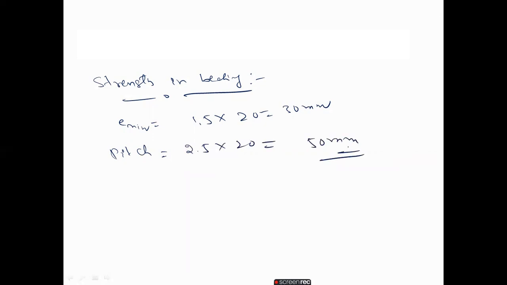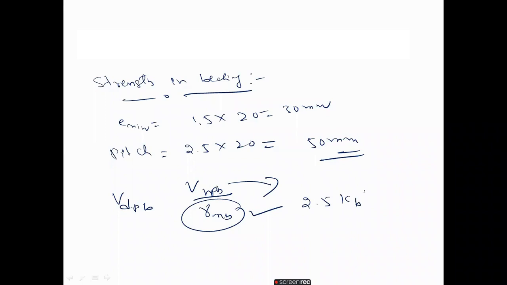Now, before calculating the strength in bearing, we have a formula like this: VNPB by gamma MB, where gamma MB is the factor of safety. Again we have to calculate the KB value also. This VNB formula I will write here, that is 2.5 KB d t FU by gamma MB.